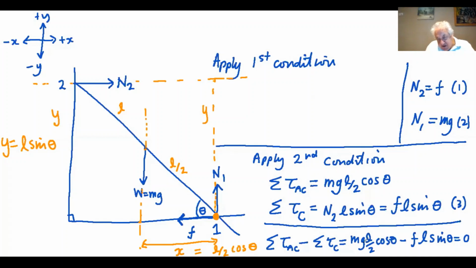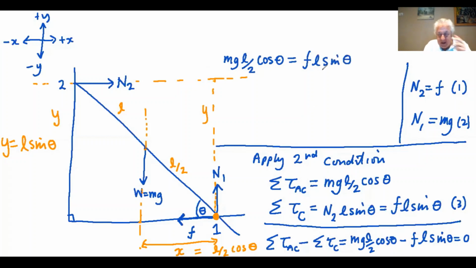So let me rearrange this equation. Since this is equal to 0, I can write this up here. Well, let me rub a bit more out. So I have mg L over 2 cos theta equals, take this across the equal sign, F L sine theta. I can see that my L's cancel. I want to make F the subject.